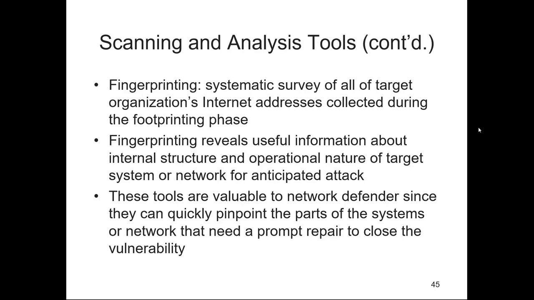Fingerprinting reveals useful information about the internal structure and operational nature of the target system or network for the anticipated attack. Since these tools were created to find vulnerabilities in systems and networks, they are valuable for the network defender, since they can quickly pinpoint the parts of the systems or network that need prompt repair to close the vulnerabilities.